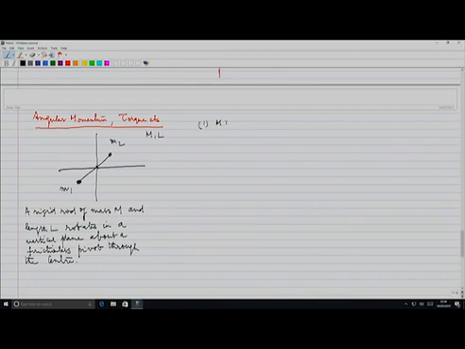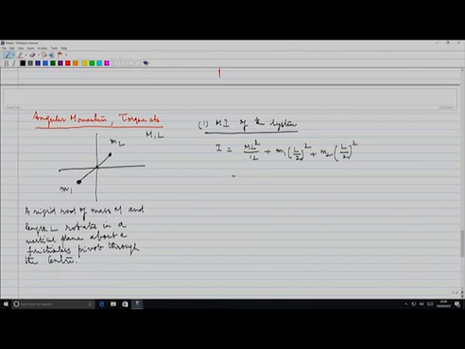So, moment of inertia of the system is equal to the moment of inertia of the rod about the center, M L squared by 12, plus little m1, one of the masses, into L by 2 whole squared, plus m2 into L by 2 the whole squared.